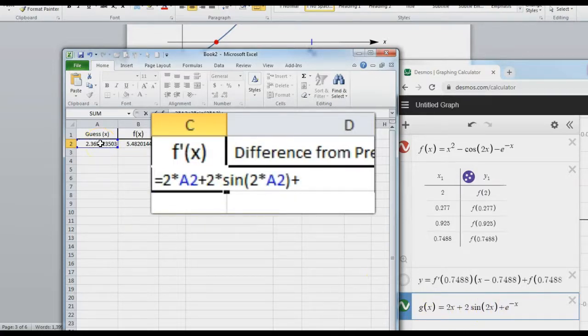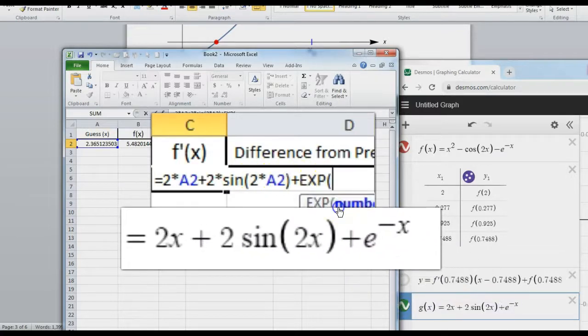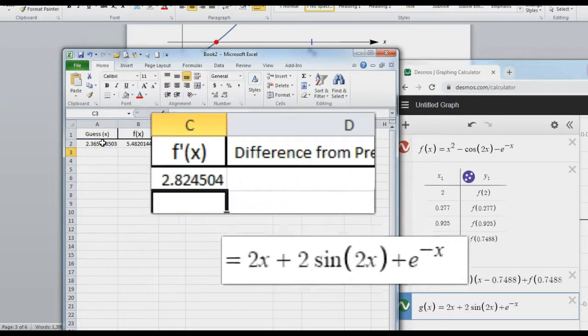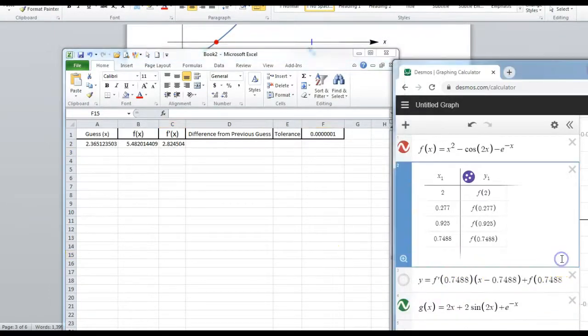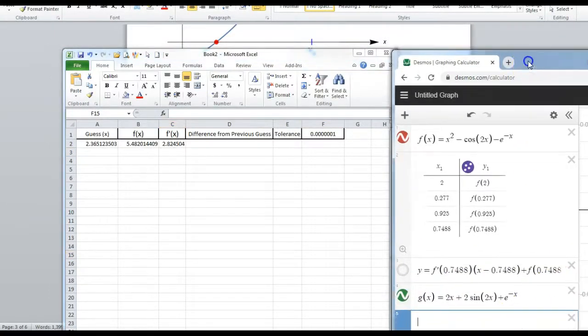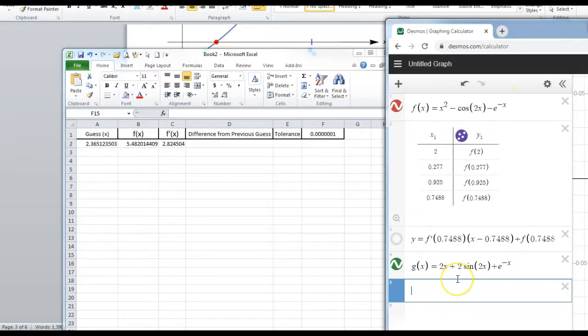And then plus, once again, we need exp for e to the power of negative x. And if I go down to the next line, this is the derivative, so I type in g of my guess, 2.365.